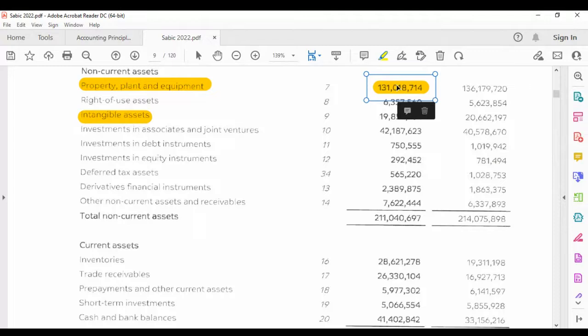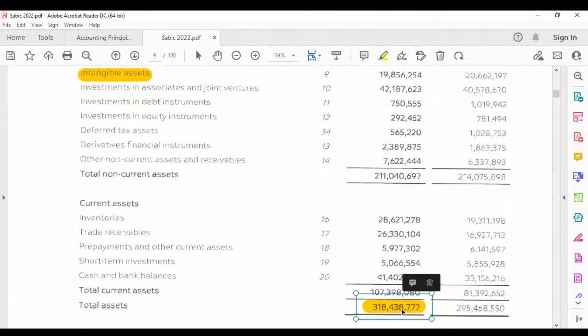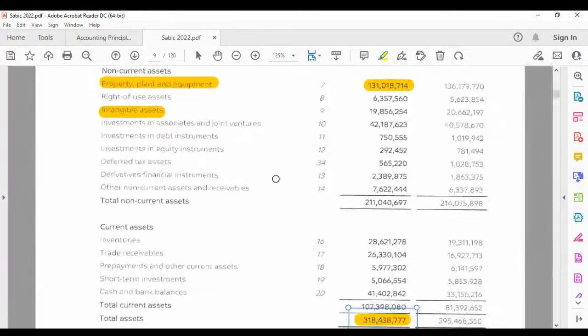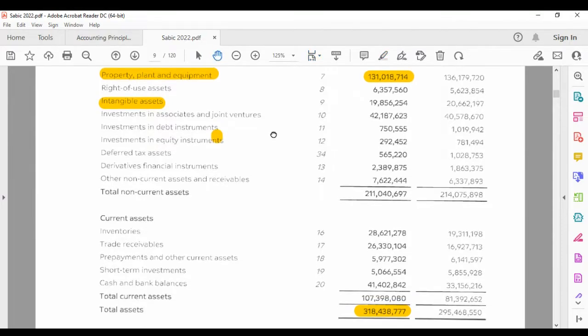Property, plant, and equipment means this number divided by total assets. In terms of percentage, property, plant, and equipment for SABIC in terms of total assets is 131 million divided by 318 million approximately.